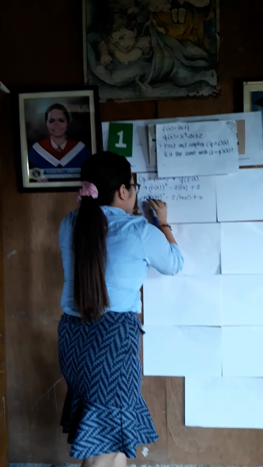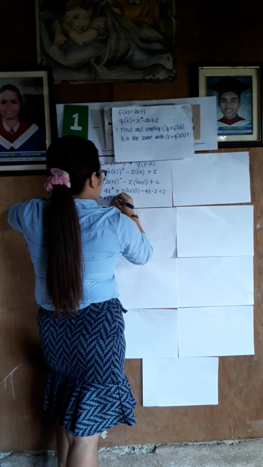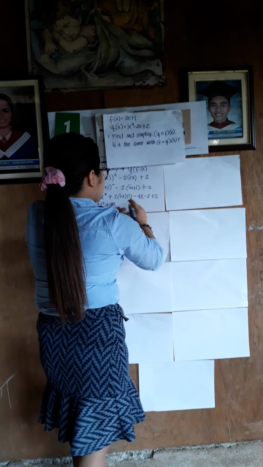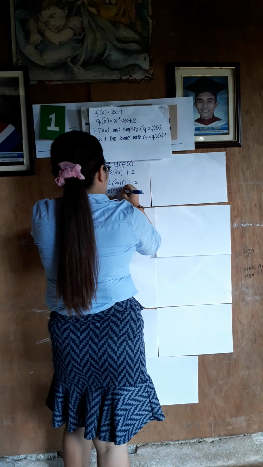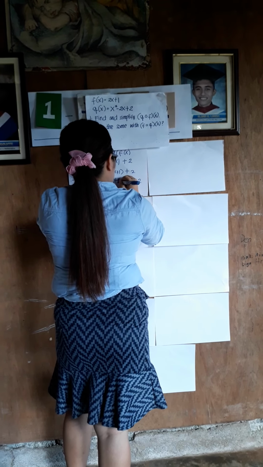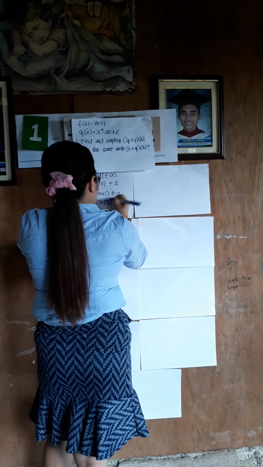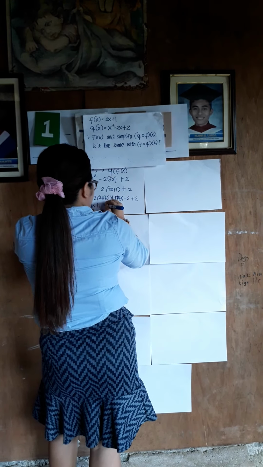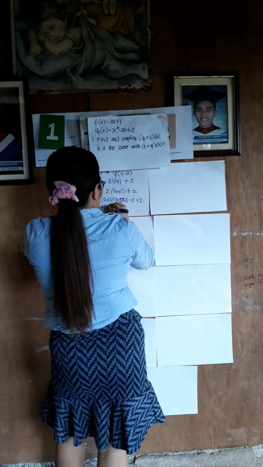So it will turn into x squared plus 2x plus 1 minus 2x minus 2 plus 2.